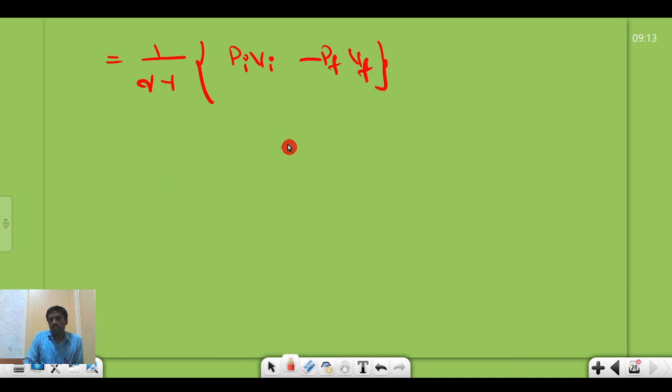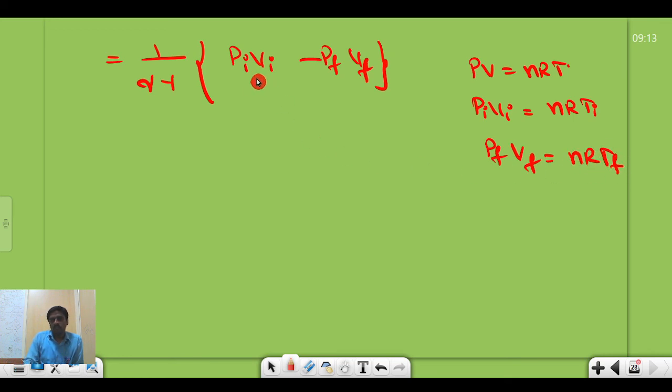From the ideal gas equation we already know PV is equal to nRT. So P i V i is equal to nRT i we will get, and P f V f is equal to nRT f we will get. So this is one formula for the work done.